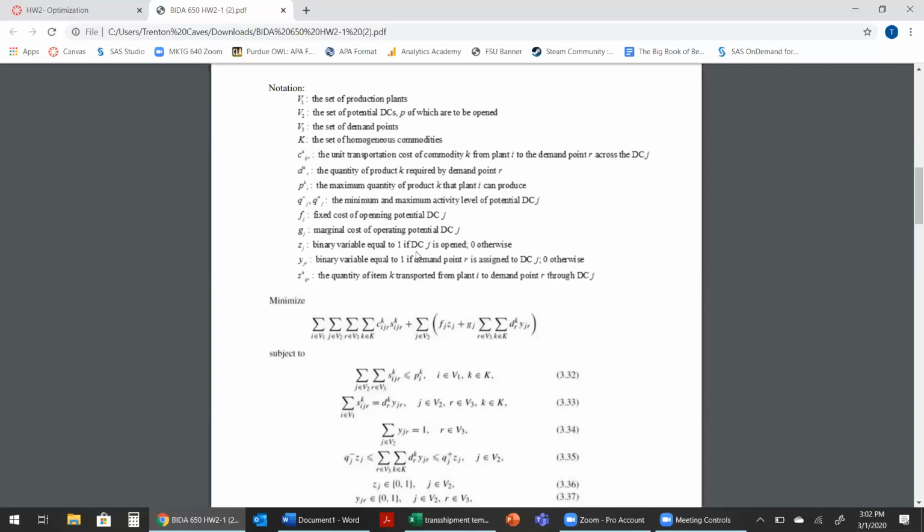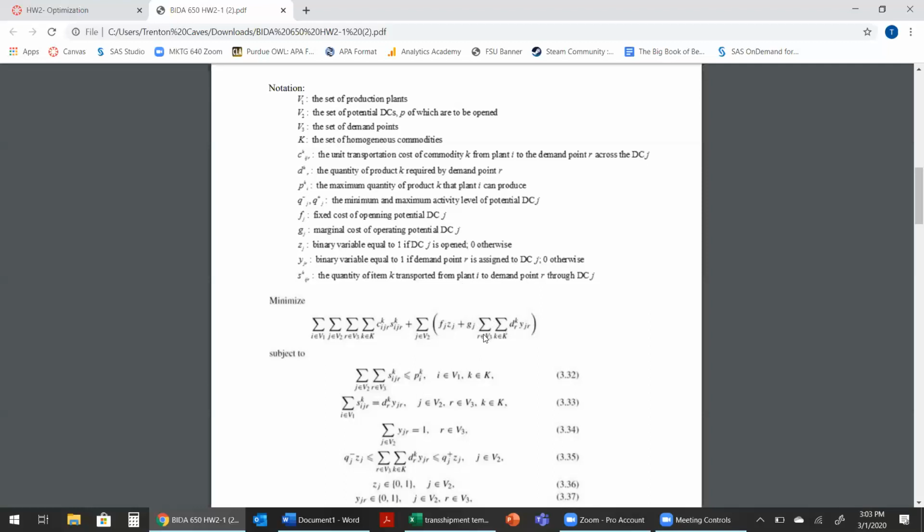We've got the cost of opening the distribution center, how much it costs to actually go out and buy the property, and then the cost of operating the distribution center. So G sub J is the marginal cost.